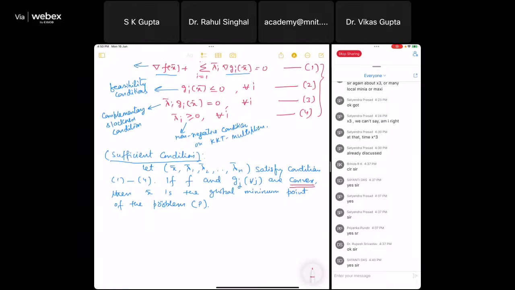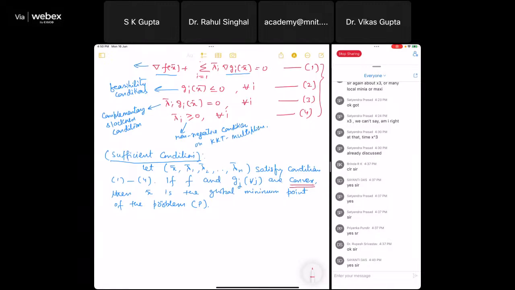But nowadays, people are trying to relax this condition. I am not going much deeper into this concept. I'm just giving you an idea that people are trying to ask why only convex, why not some other functions, by which we can say that the KKT conditions are sufficient.